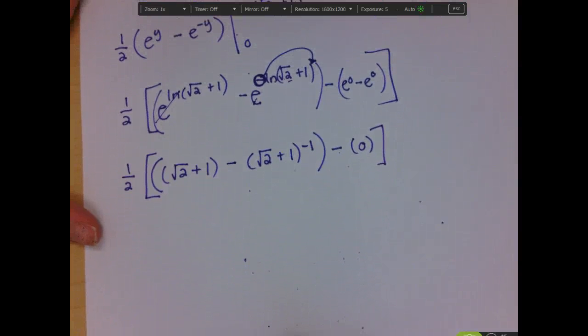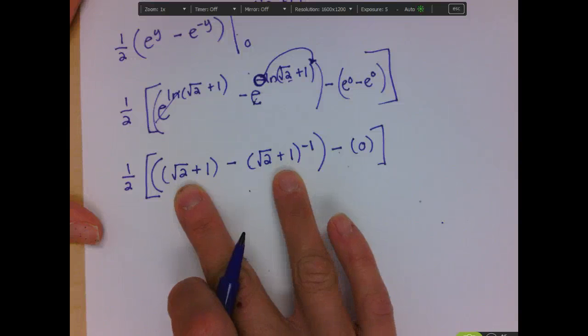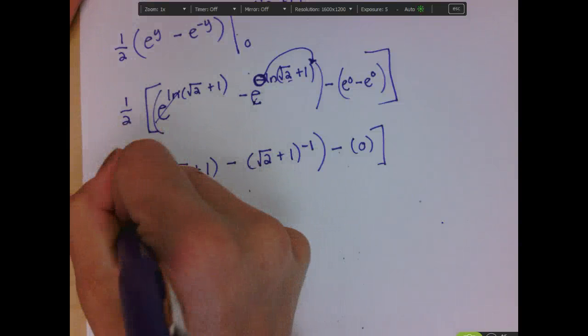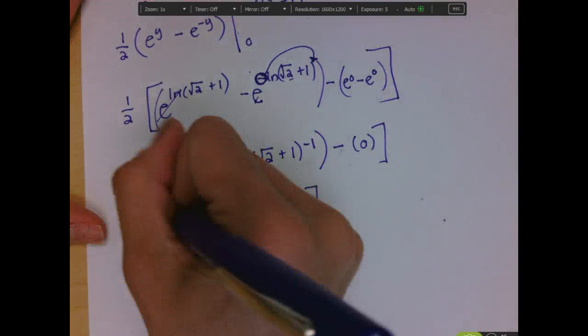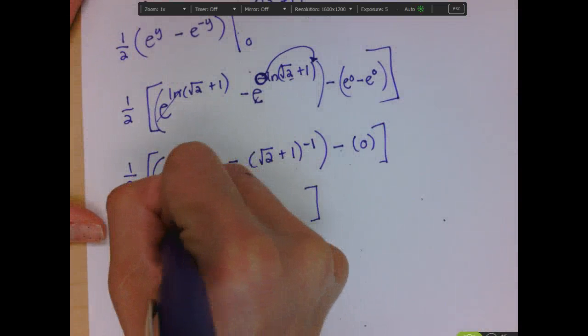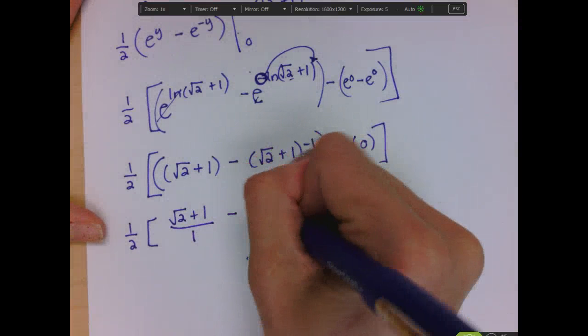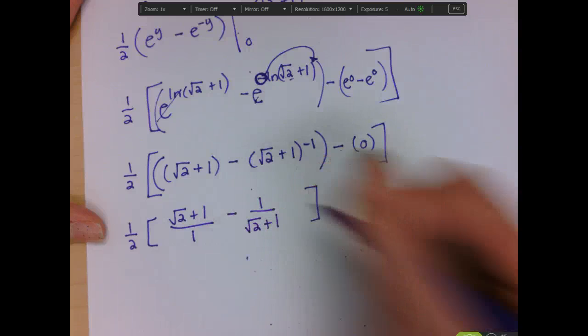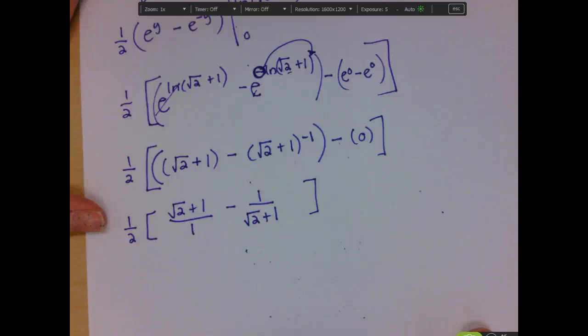Alright, more fraction work to be done. I need to take these two expressions and I need to combine them. And the way that you're going to see that happening is by getting a common denominator, because this is really 1 over the square root of 2 plus 1. So let's go ahead and get that common denominator. We're going to multiply this term by the square root of 2 plus 1.